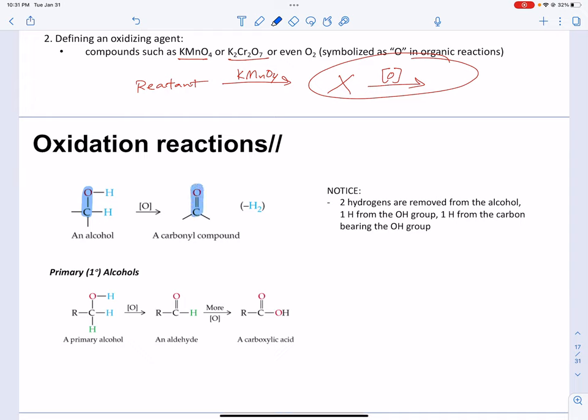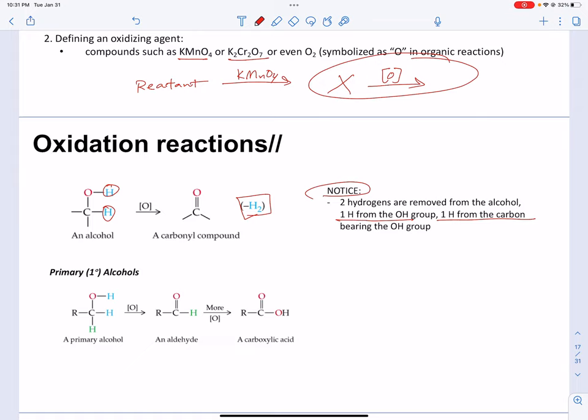And because we're increasing the number of carbon-oxygen bonds, this is oxidation, right? Now the way this happens with the hydrogens and where this double bond comes in is noted over here. It says two hydrogens are removed from the alcohol. One hydrogen is pulled off the OH group, one hydrogen from the carbon that is bonded to the OH group, or bearing the OH group. So it's just these hydrogens in blue. We're going to pull these off, which is why you see H2 as another byproduct over here.